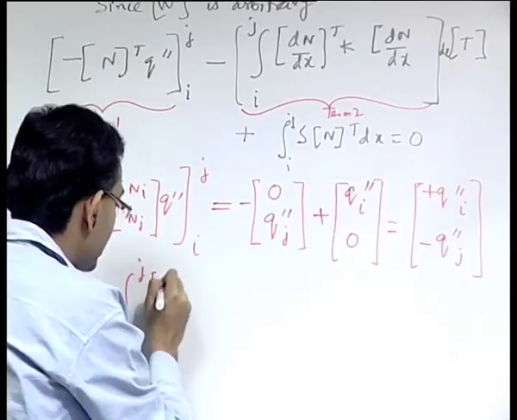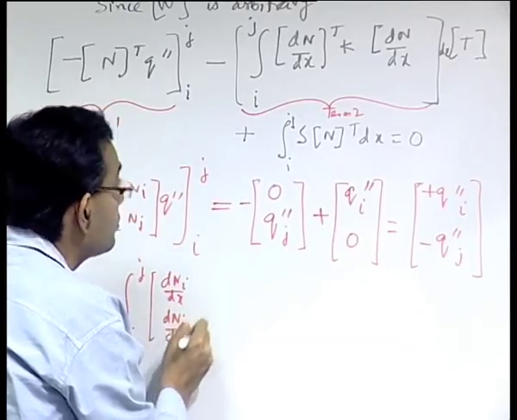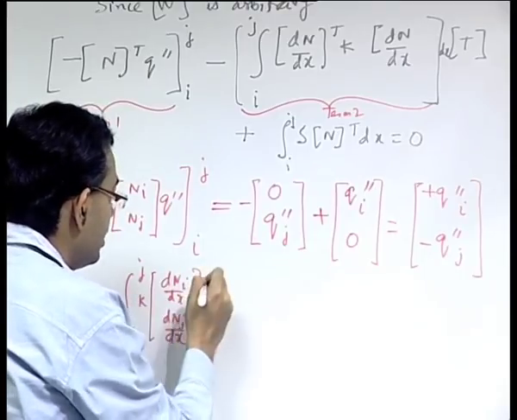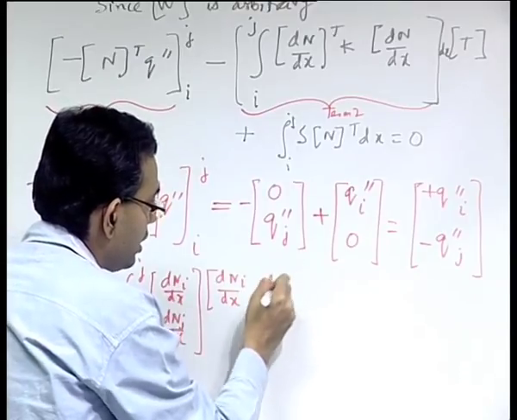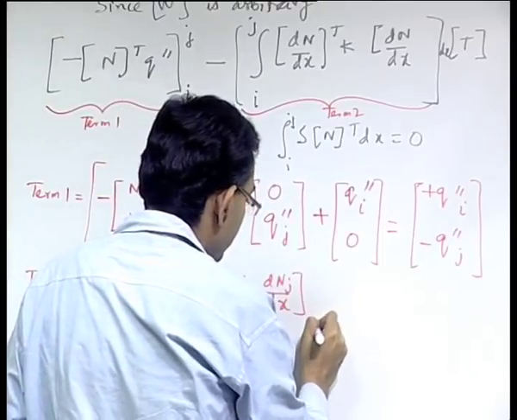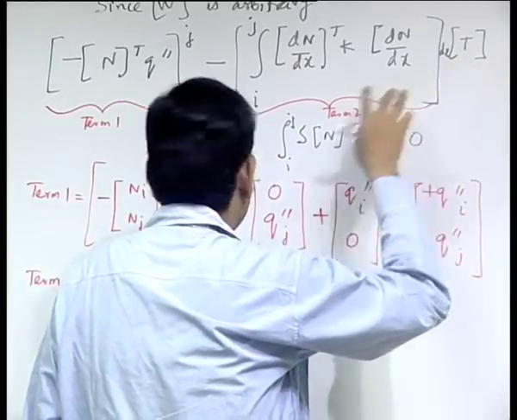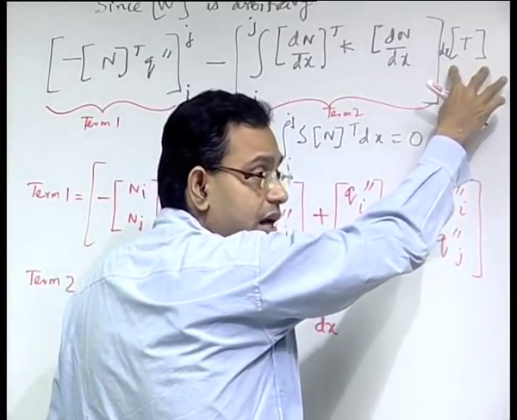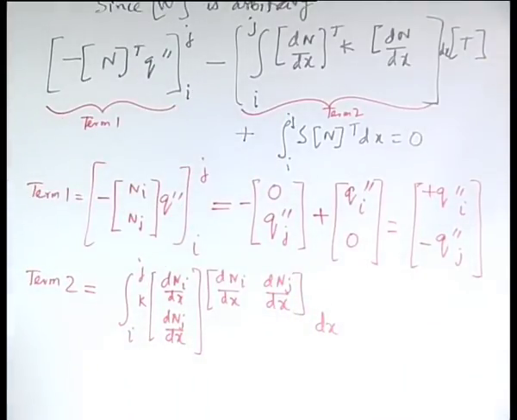So let us write that dNi dx, dNj dx, k is there, then dNi dx, dNj dx. Term 2 excludes the T also. This is the unknown vector that you have to find out. So we are excluding that from the evaluation of the term.